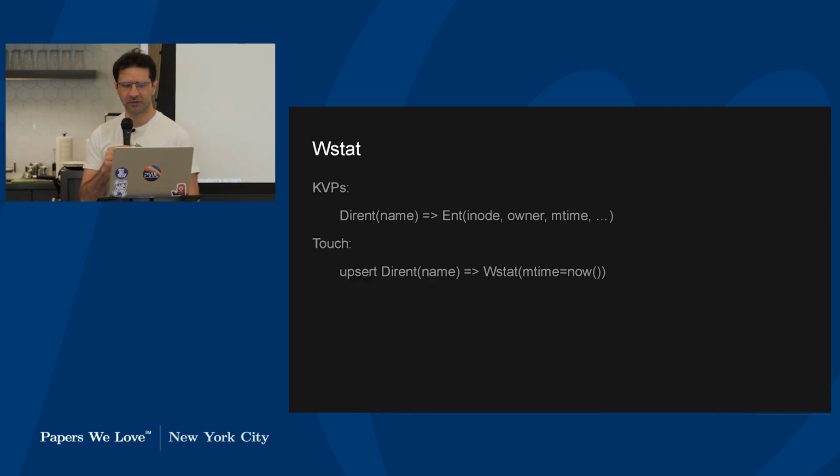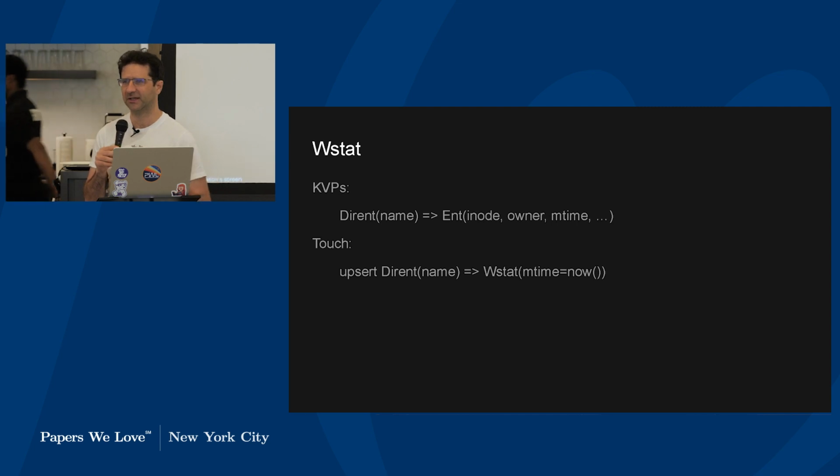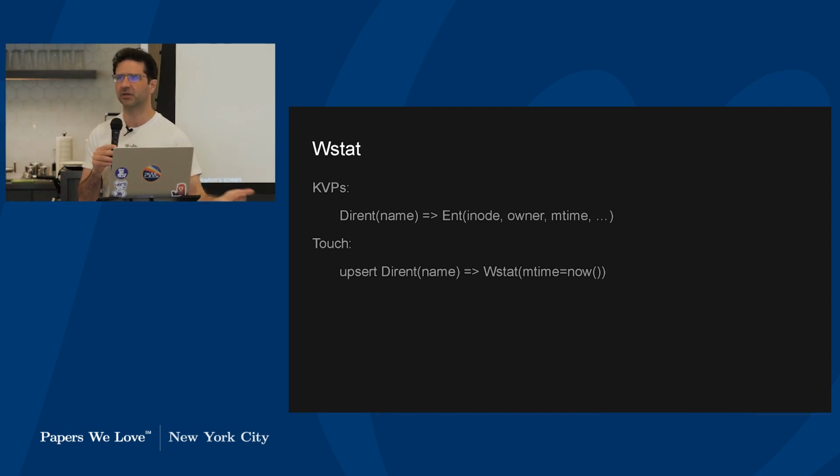So if I wanted to touch a file, basically what I'm trying to do is update the modification time to now. I don't need to read any of the metadata. I don't need to know what the old modification time was. I don't need to know who the owner was, subtleties aside. There's very little I need to know.